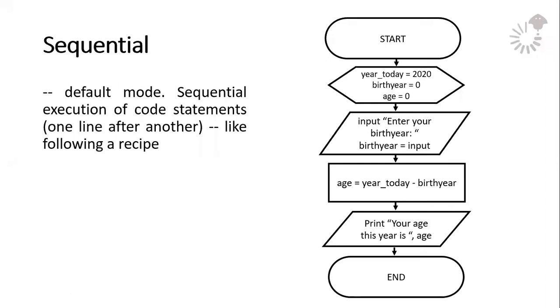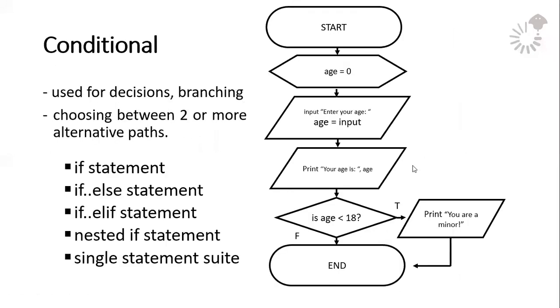Next is conditional. Conditional is used for decisions and branching, and it makes the user choose between two or more alternative paths. Remember our flowchart? What is the symbol for decision? Diamond.